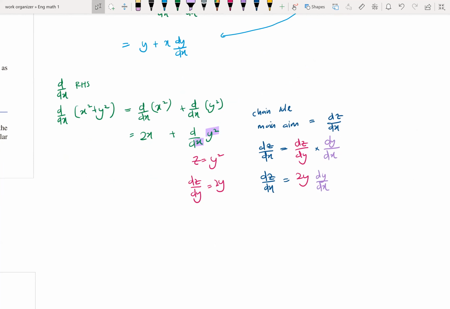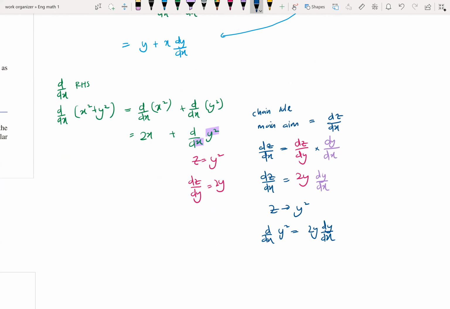So we convert z back into y squared, and d dx of y squared is 2y dy dx.